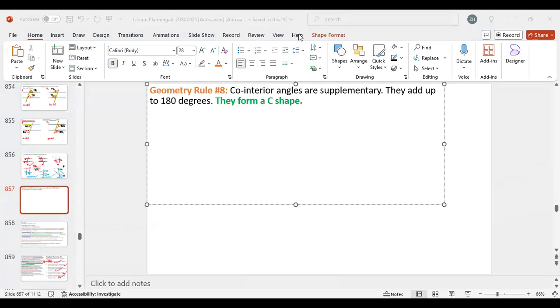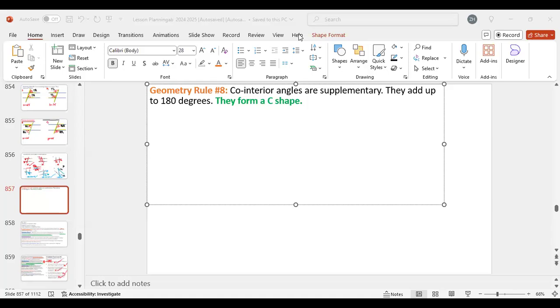Stenay, where's Stenay? Mr. Basit, I said they add up to 180. Very good. Stenay, can you hear me? I can't hear from Stenay. Jaden, what do we know about co-interior angles? Yeah, supplementary. Very good.